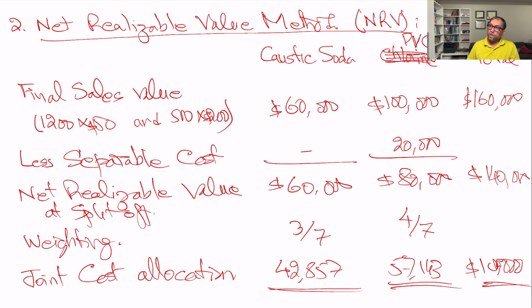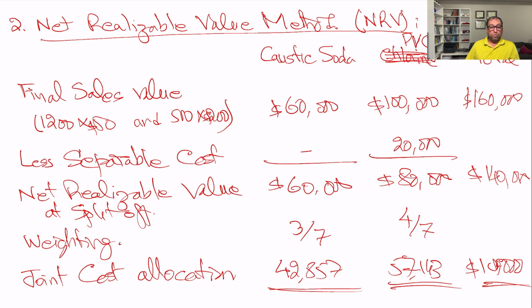And under net realizable value at the point of split off, we are allocating 42,857 to caustic soda and the rest to the PVC, which is 57,140. So you see that whenever the method changes, the cost allocation also changes.